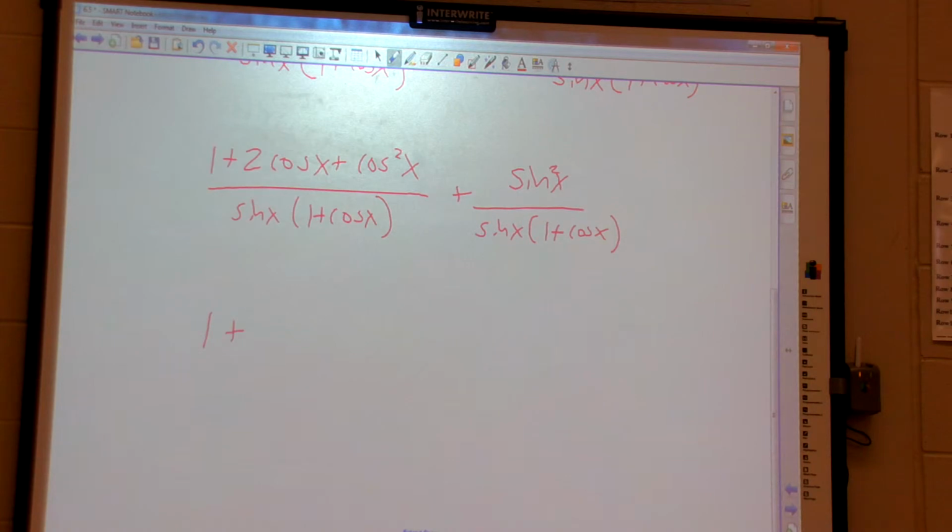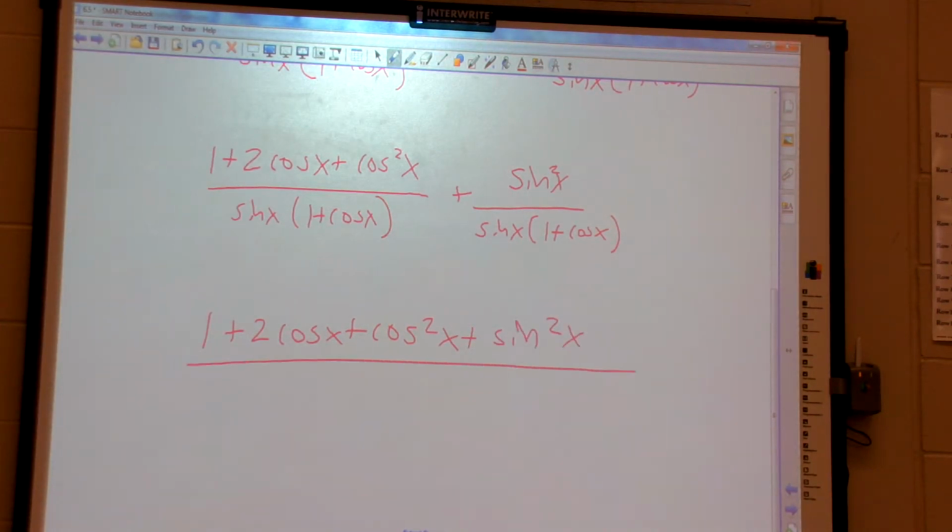When you add, only add the tops. Remember the bottom, there's only one of them. Never add the bottoms. Okay, so that's a beautiful common denominator. It took us a few steps, but we got there. Those are exactly the steps you need to show.